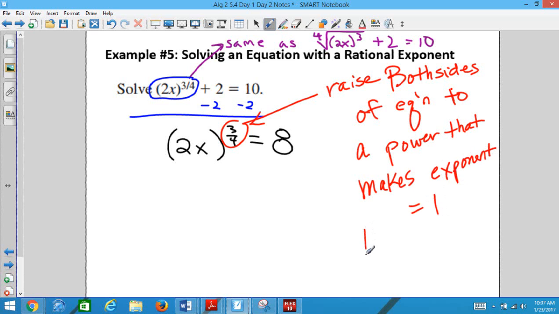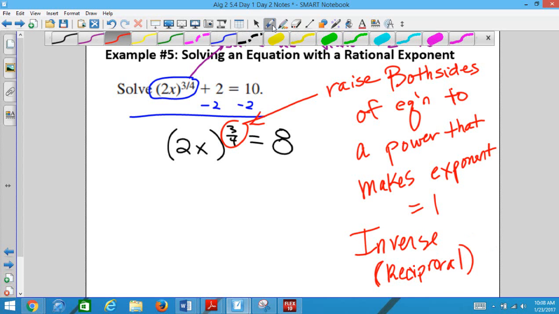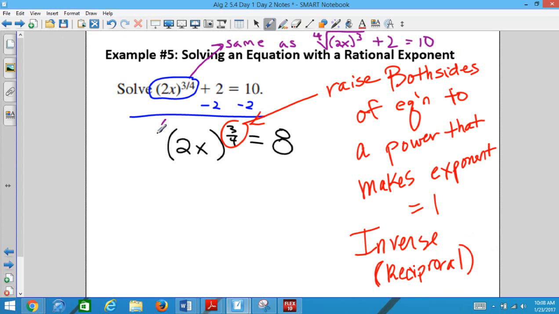It's called the inverse, otherwise known as a reciprocal. It's the multiplicative inverse, because when we raise both sides to a power, you have to multiply the exponents.